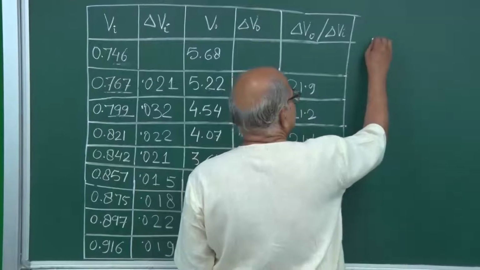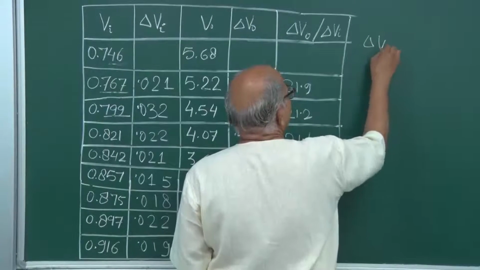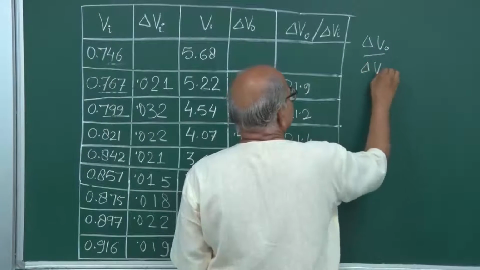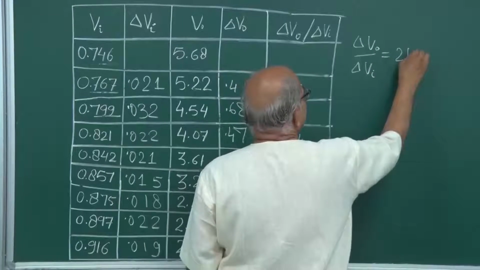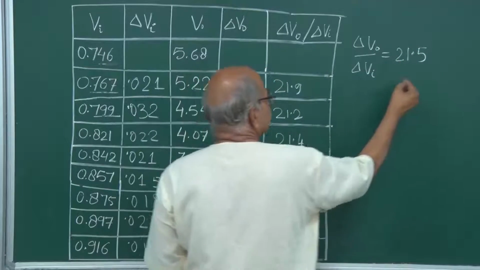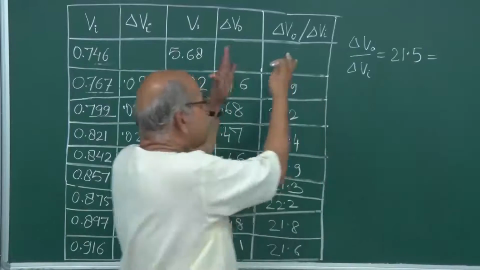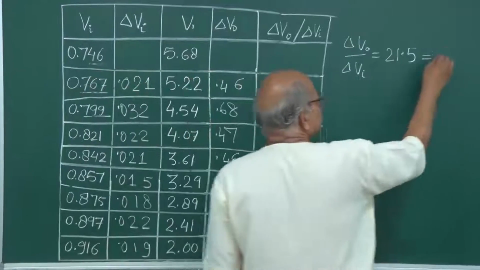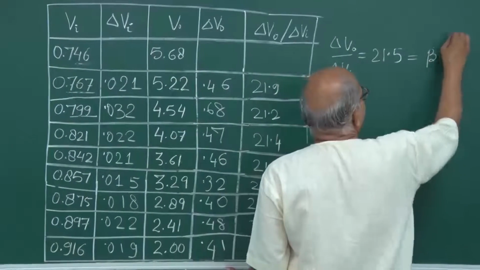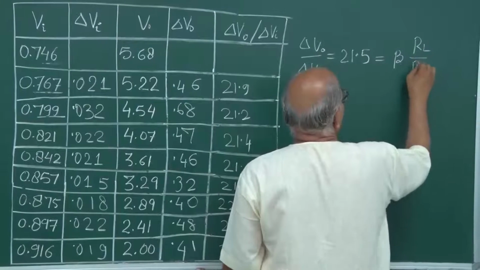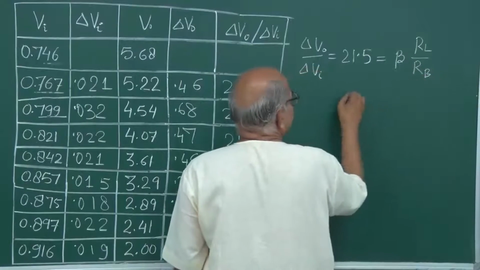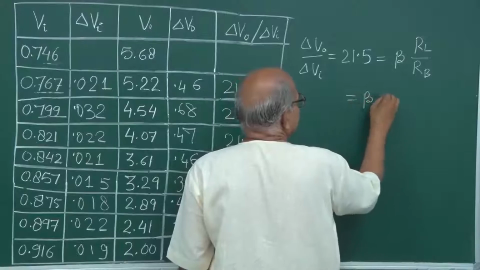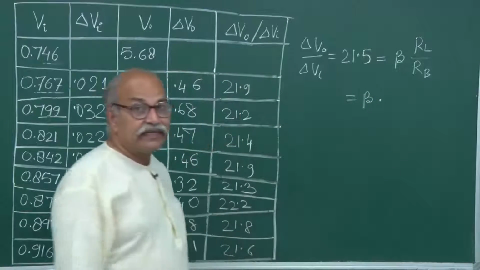So this is delta VO over delta VI. Let us take 21.5, and this is equal to, remember we are taking magnitudes, beta times RL over RB. What was RL?